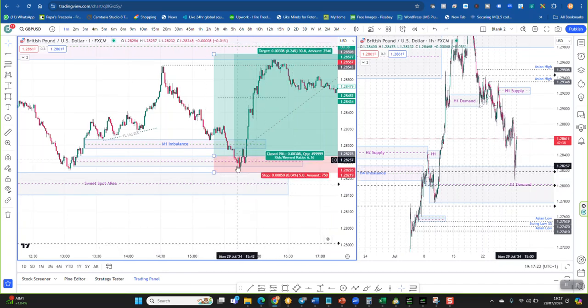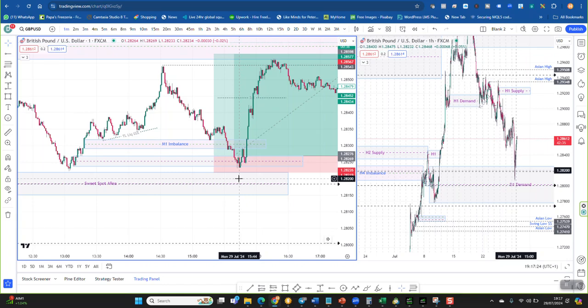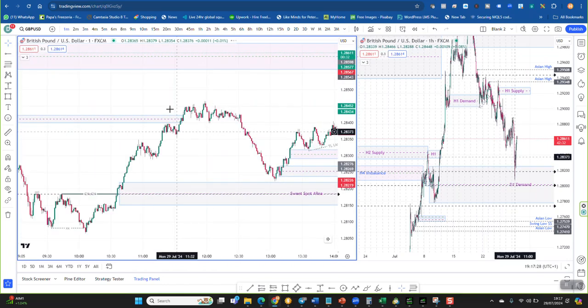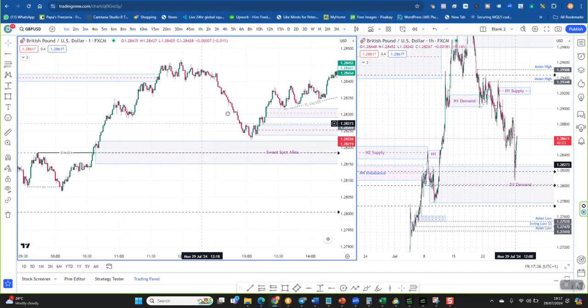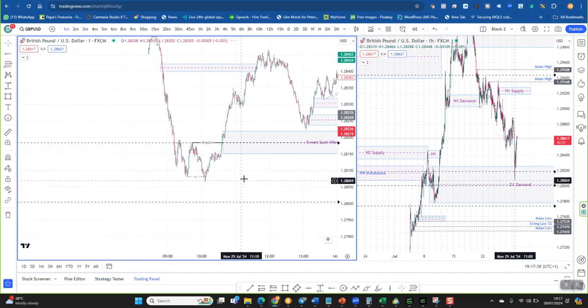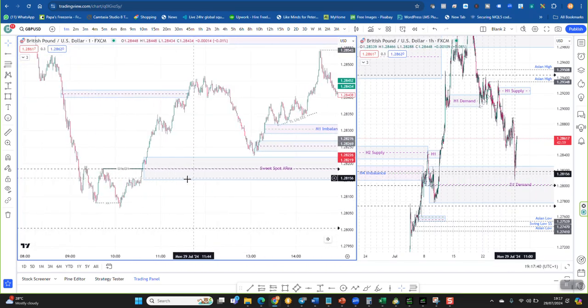I was expecting price to come down into here on that first move. So from here, I was expecting price to come down into this area, but it kind of missed it. It missed that sweet spot area because, from the 1 minute time frame, you can see after price dropped and we took some profit on that.